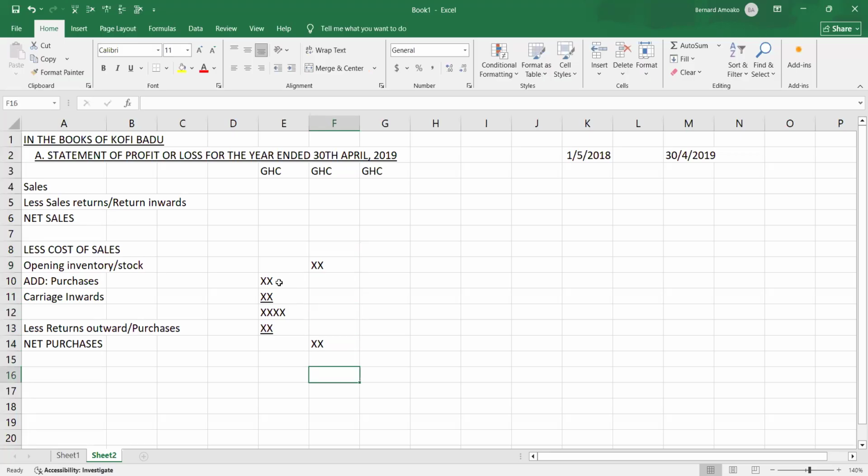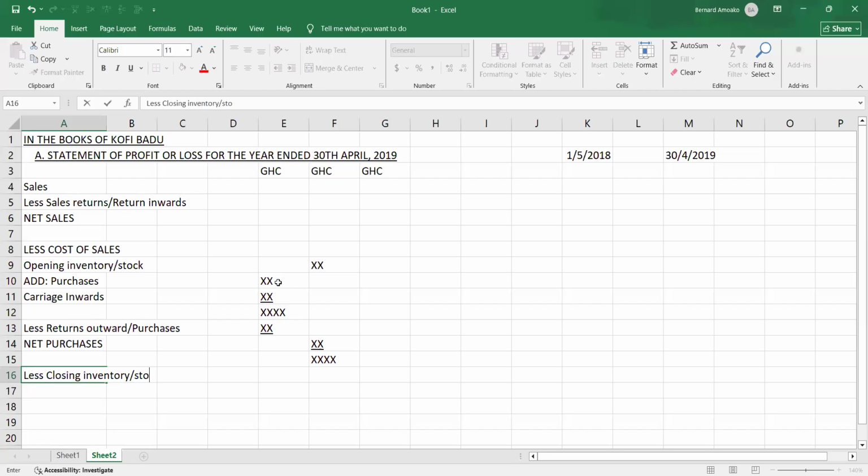So we add the net purchases to the opening inventory. Once I add it, I don't have a name to call it now. But then I'll come and less the closing inventory, or closing stock, which normally people will say is in the footnotes.